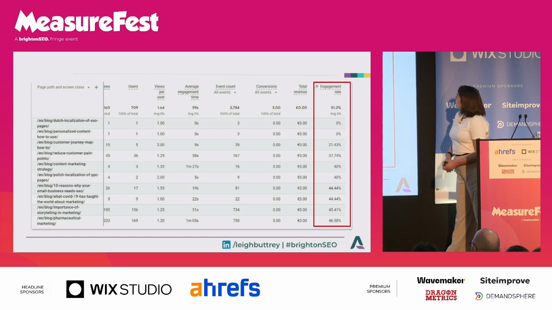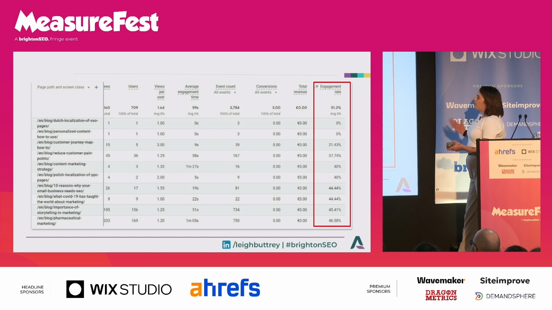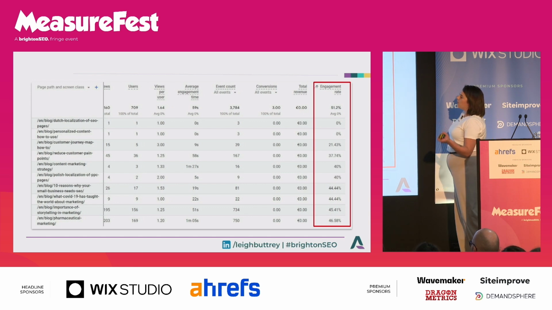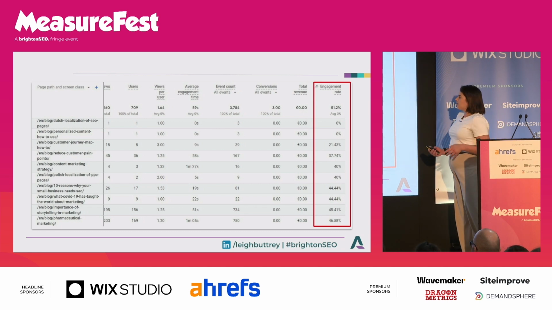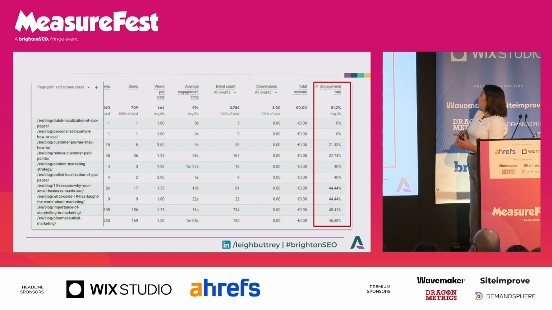We can then look at a top performing blog article and understand why these events are not working on this page. A few things could be the event tracking isn't set up on the page correctly, we don't have the correct buttons on there, the layout's different, there's going to be loads of things. But take your best performing page by engagement rate and apply that same solution onto these pages that have low engagement rate.